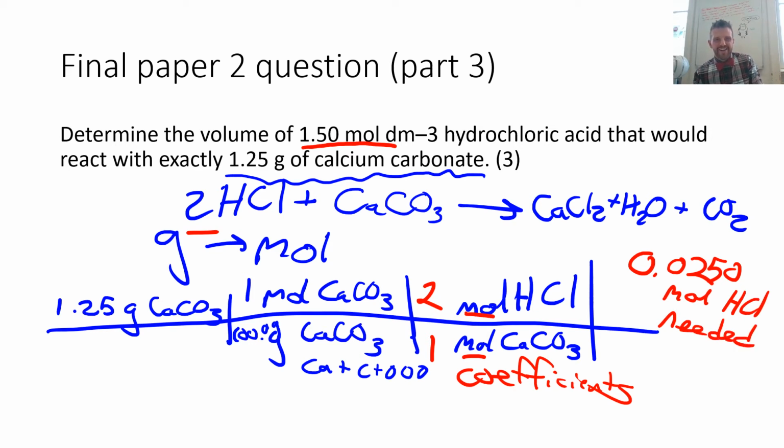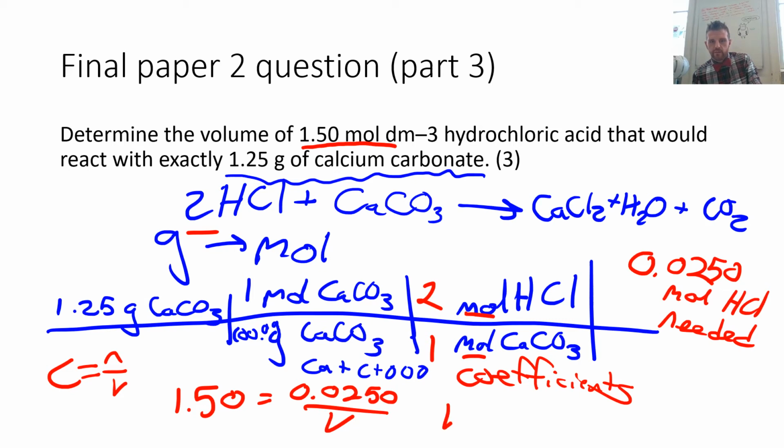Then you've got to do your C equals n over V, your concentration formula. 1.50 is equal to 0.0250 over V, or in other words, V is equal to 0.0250 over 1.50.